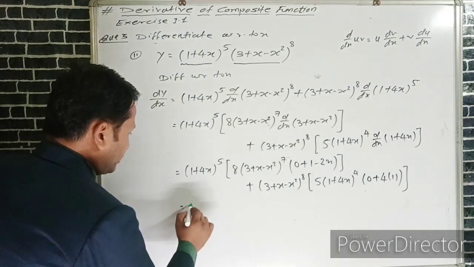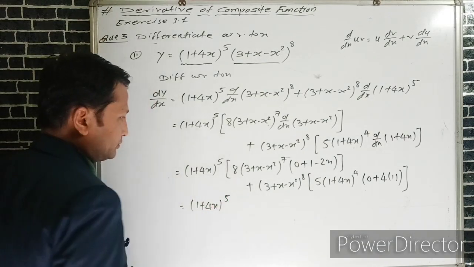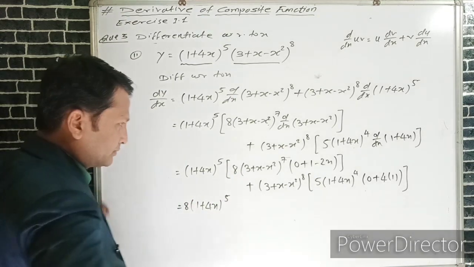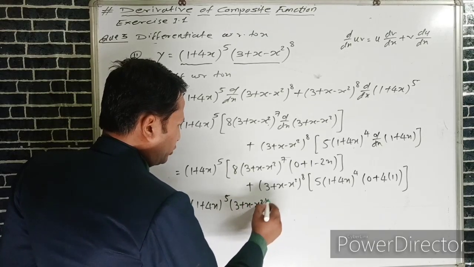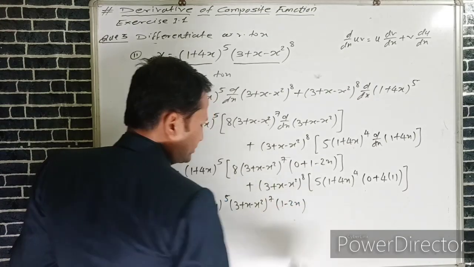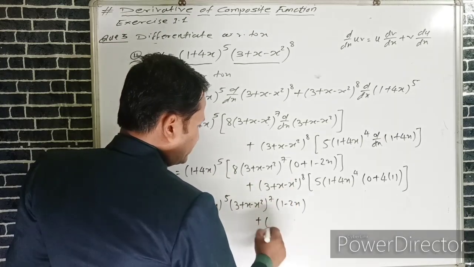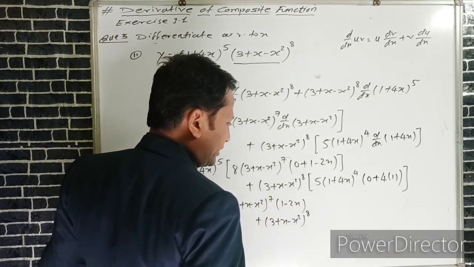After that, (1 + 4x)⁵ we can write 8 here into (3 + x − x²) whole raised to the power 7 into (1 − 2x), plus (3 + x − x²) whole raised to the power 8.